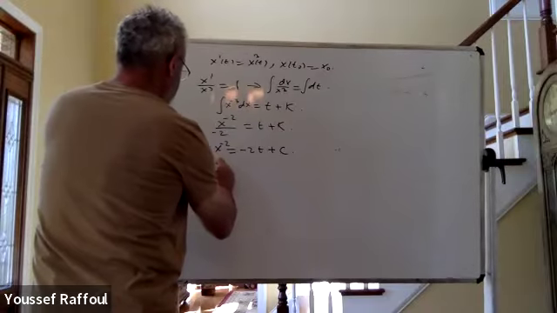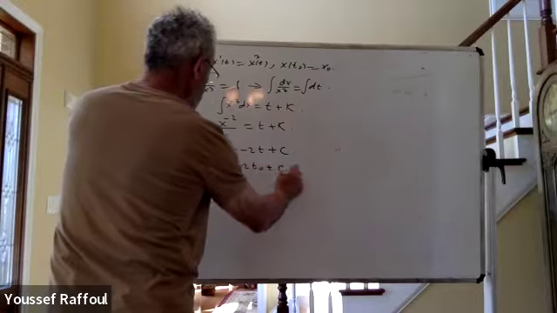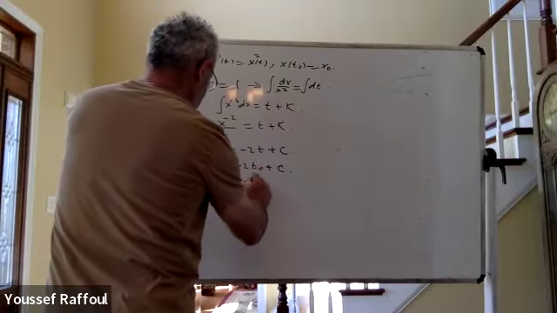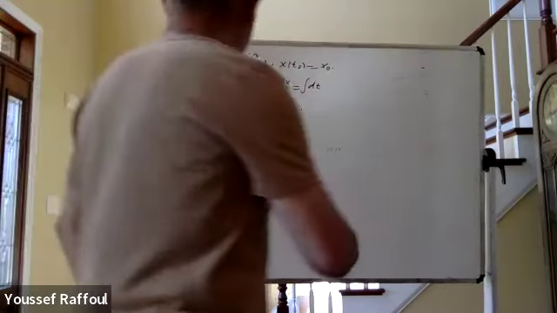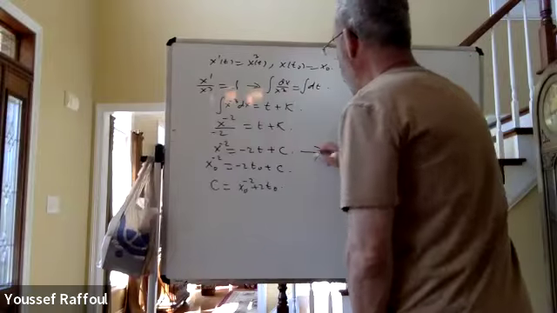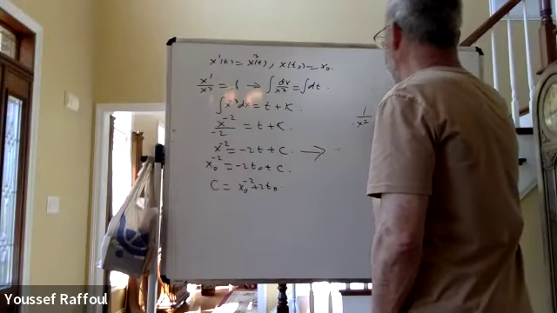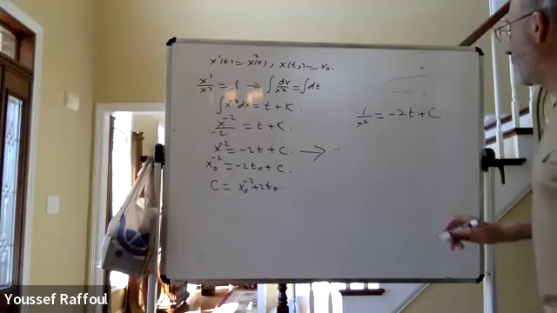So x0 to the minus 2 equal minus 2t0 plus c. So c is x0 to the minus 2 plus 2t naught. And from here, we got 1 over x squared equal minus 2t plus c.